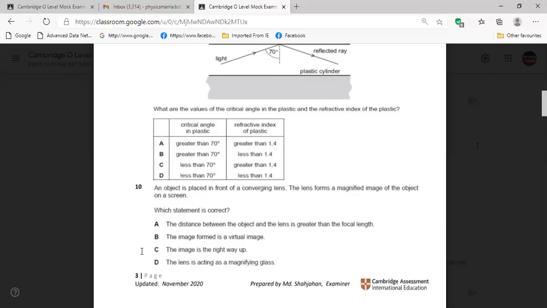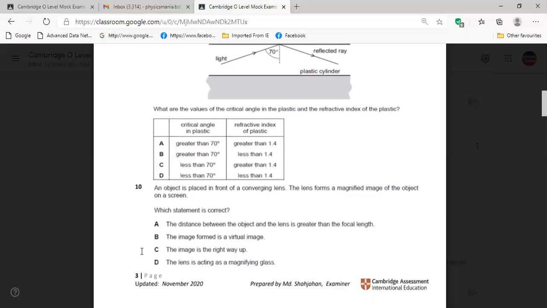When you saw magnified, you thought it is a magnifying glass. And in a magnifying glass, we have a virtual image, right? But it's not always about a magnifying glass. A magnified image can also be on a projector, right?